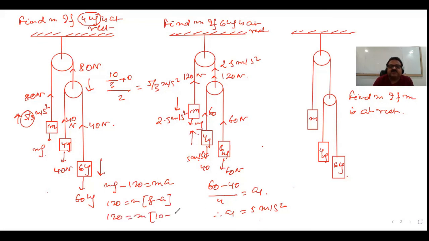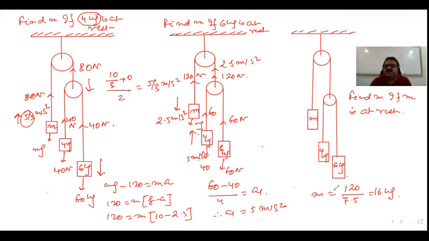What is a? A is 2.5. That means what we can write, m equal to 120 divided by 7.5. 120 by 7.5 is 16 kg. So easily we can solve it.